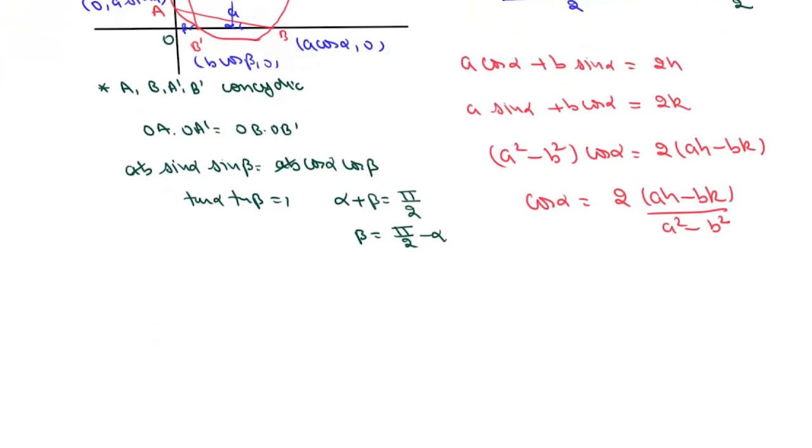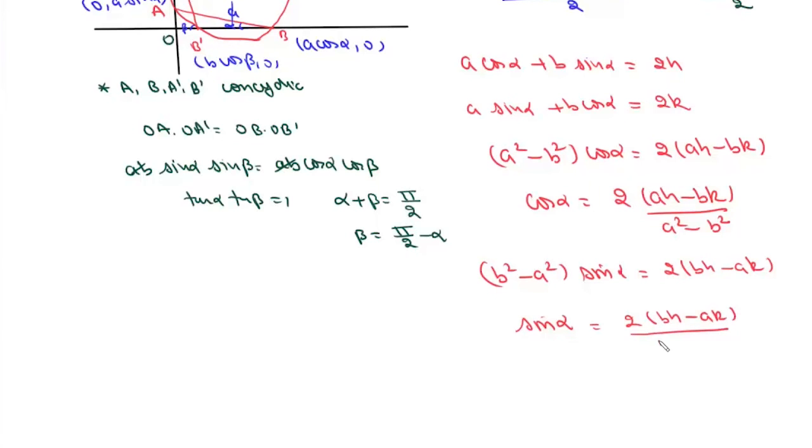And the same way we can find sin alpha. So there will be b square minus a square sin alpha will be 2bh minus ak, or sin alpha will be 2bh minus ak upon b square minus a square.